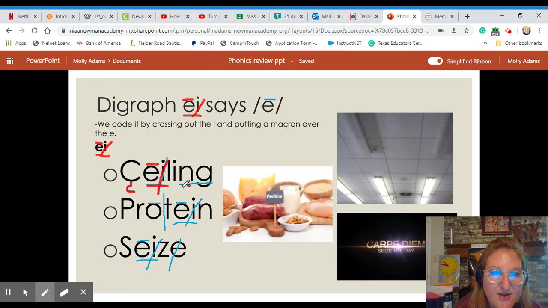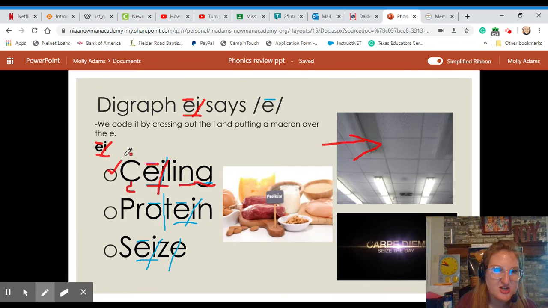So we just have a digraph, or a blend, let me underline it, N-G. Ceiling. If you look over here on the picture, it's like a ceiling, like what you see at school. When you are inside of a room, you look up and you're looking up at the ceiling. Okay, so let's go to the next word.